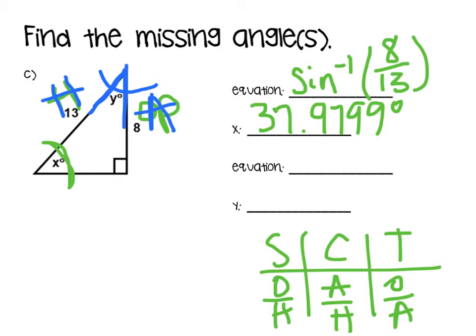So I have my adjacent and I have my hypotenuse. That is cosine. So I know I'm using the inverse of cosine because I'm looking for the angle measure. So in the calculator, you'll hit second cosine to get the inverse of cosine. And then I have my adjacent, which is 8, over my hypotenuse, which is 13.